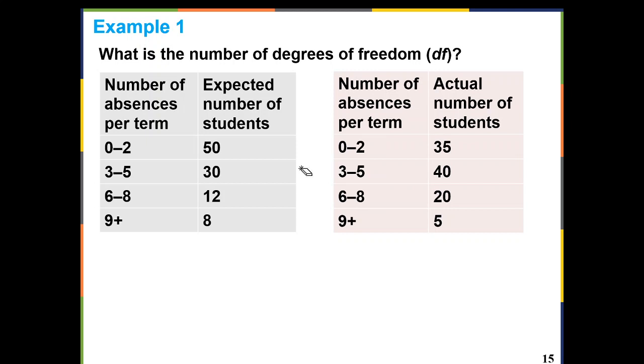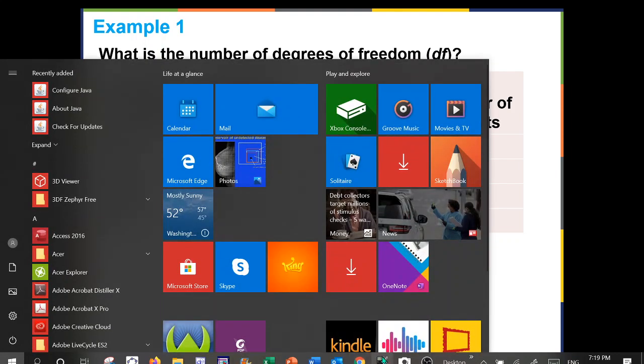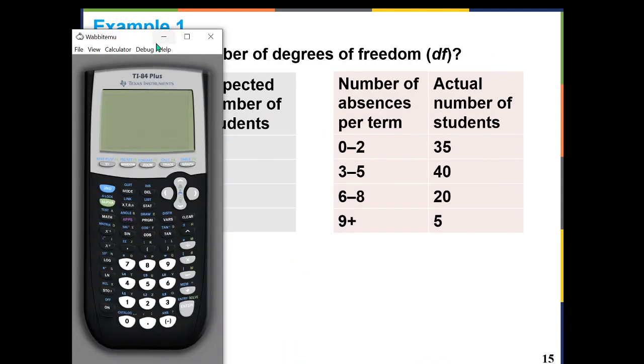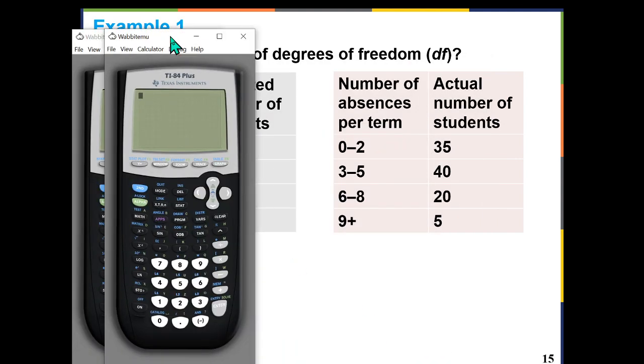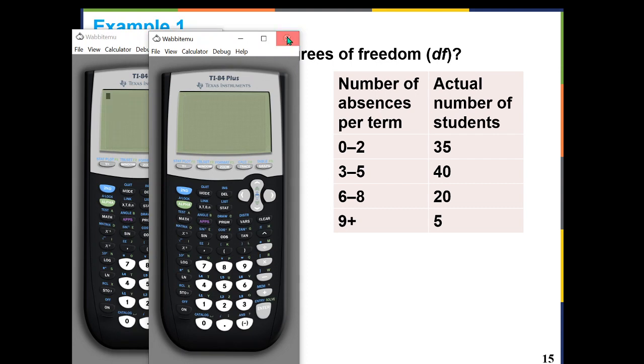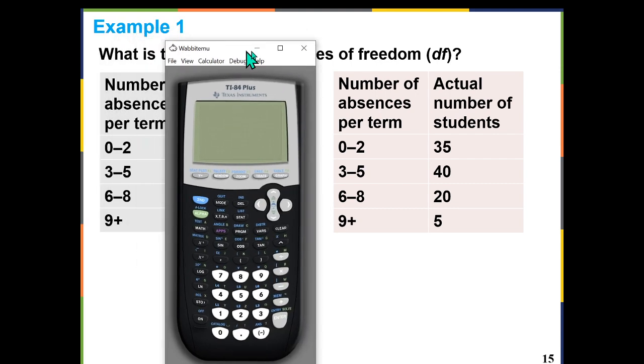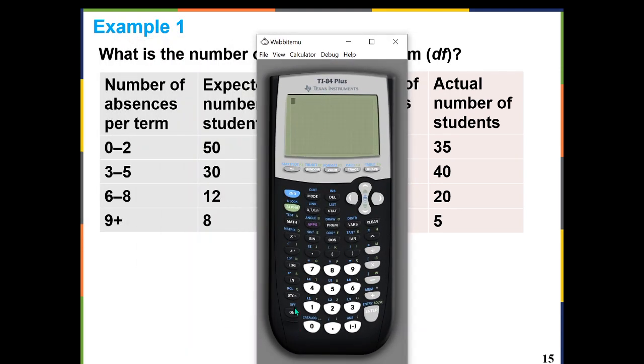Well, we're going to take these numbers and put them in L1, right? So let me bring the calculator. Oh, we've got 2 calculators. Only need 1. All right, so what I'm going to do is go to Stat. You know how to do that already.